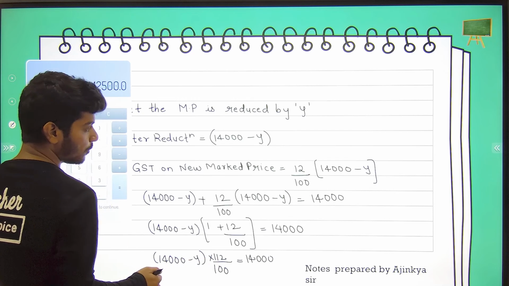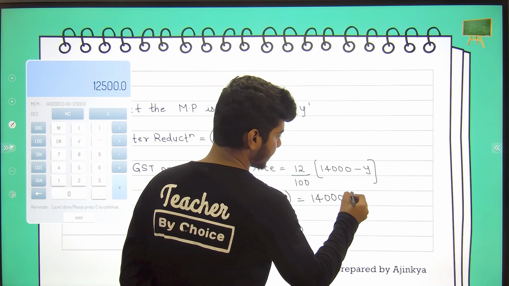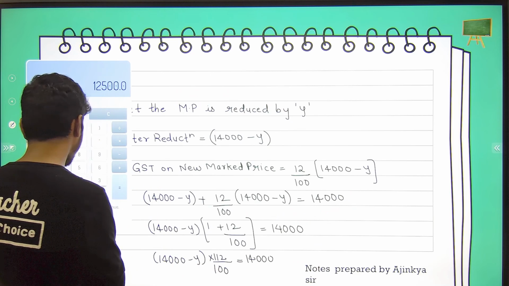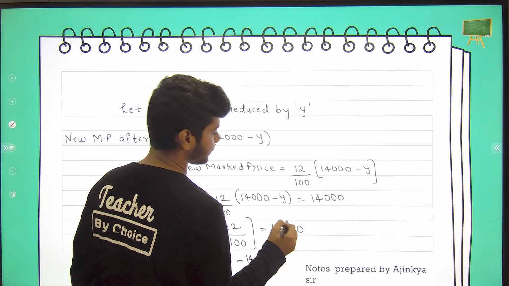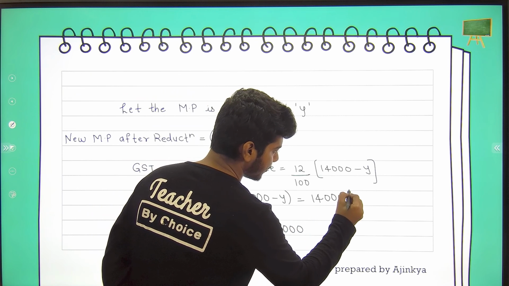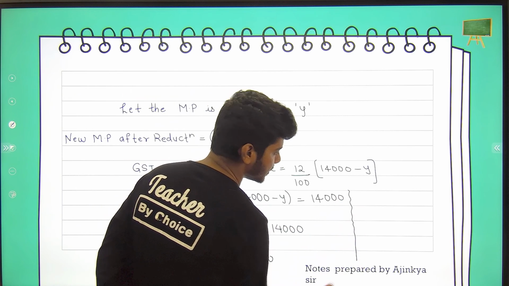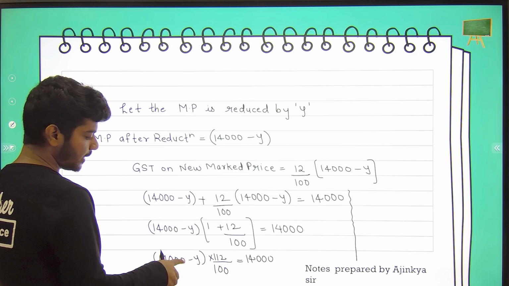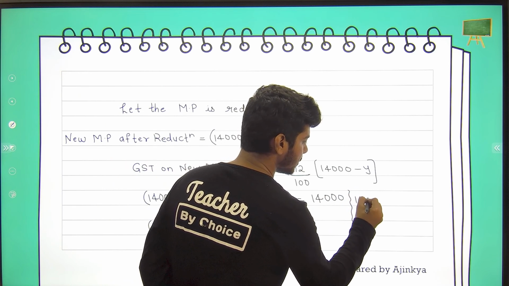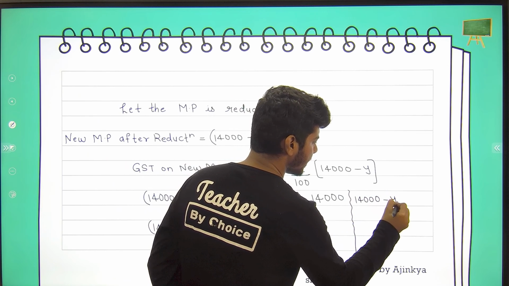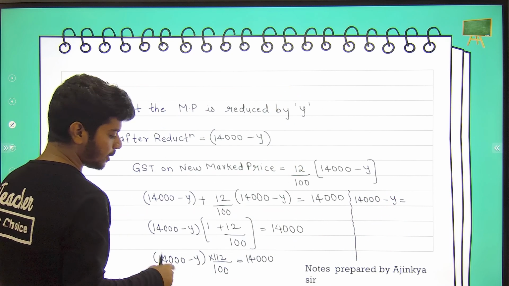Let's write it somewhere here. I guess the space is fine, we have sufficient space. So 14,000 minus Y is equal to 12,500.